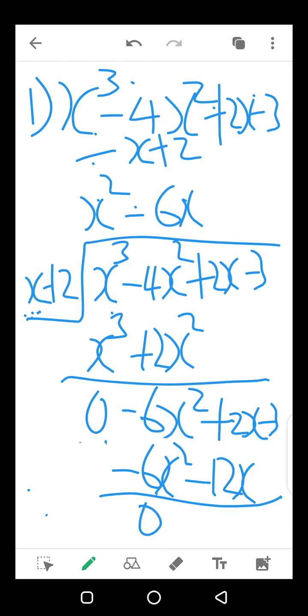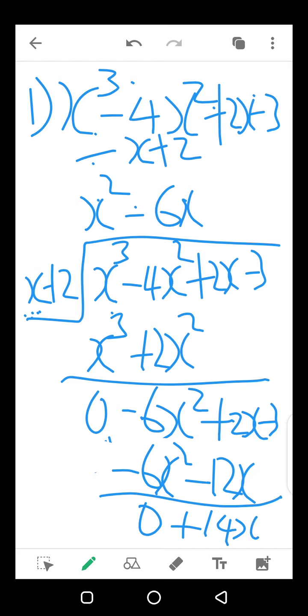Now this one is 2x minus 12x. 2 minus 12, this will give us 2 plus 12, which is equal to 14. So we are going to have plus 14x.